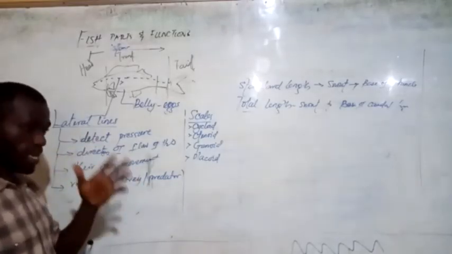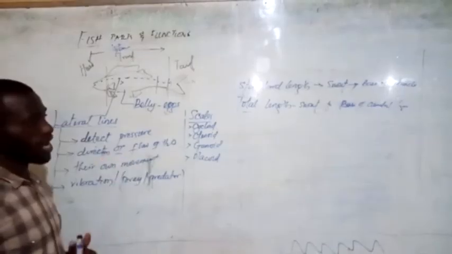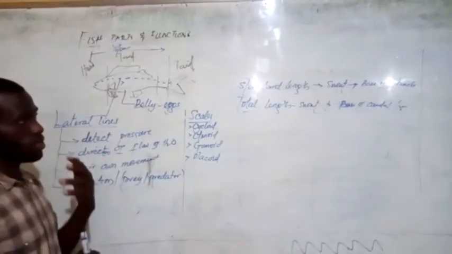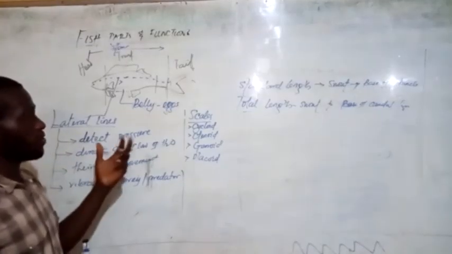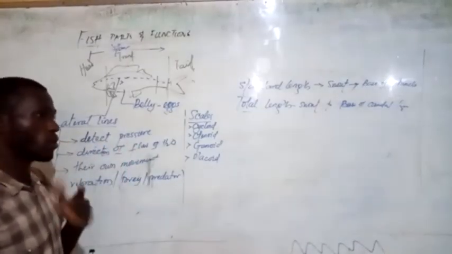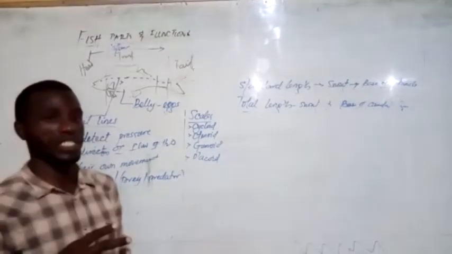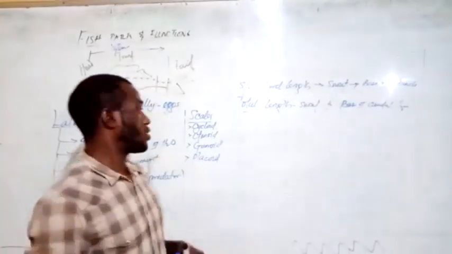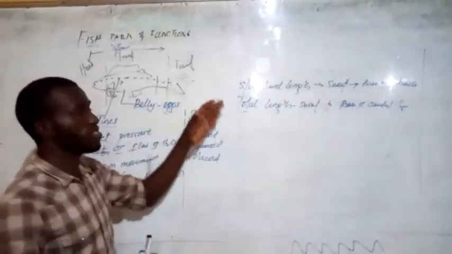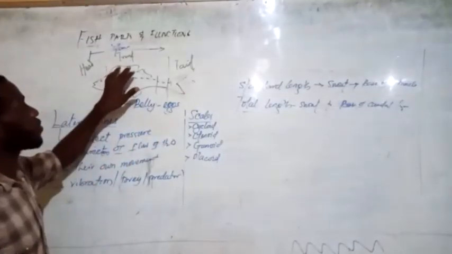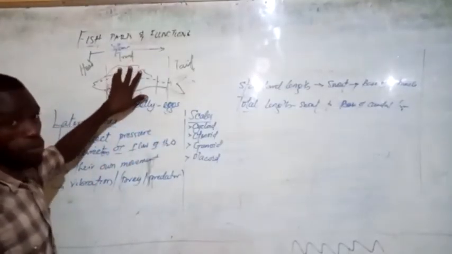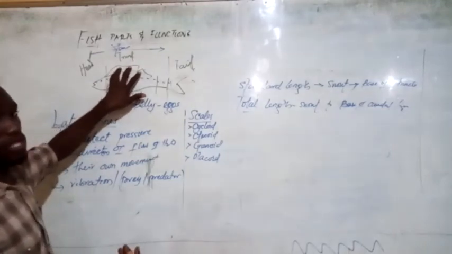All right, I'm going to quickly rush over what we discussed. We talked about the head, which has the eyes for seeing, the nose for detecting smell, the opercular plate for protecting the gills, and of course we talked about the fins. We talked about the dorsal fin, which is used basically for protection and stability in water and some degree of steering.